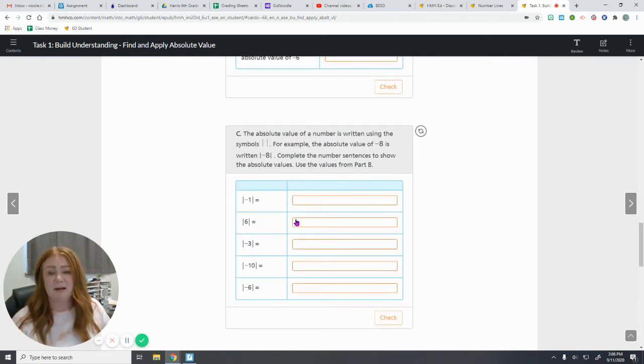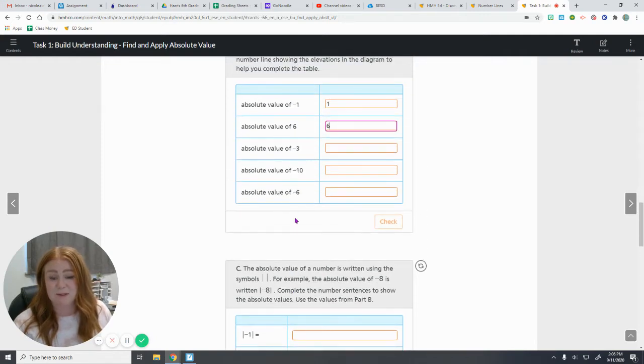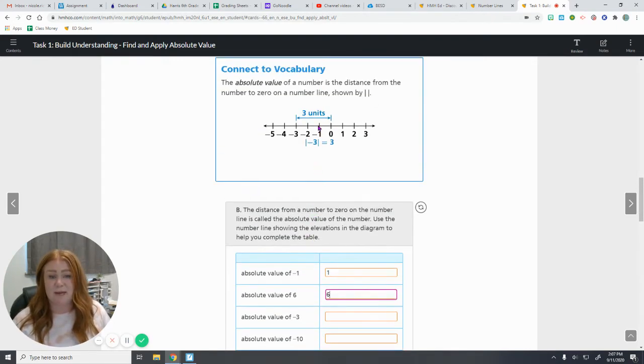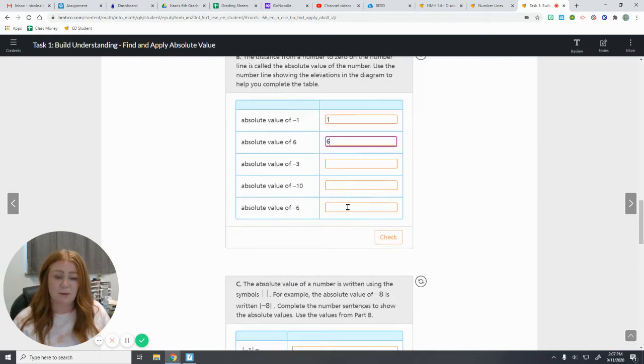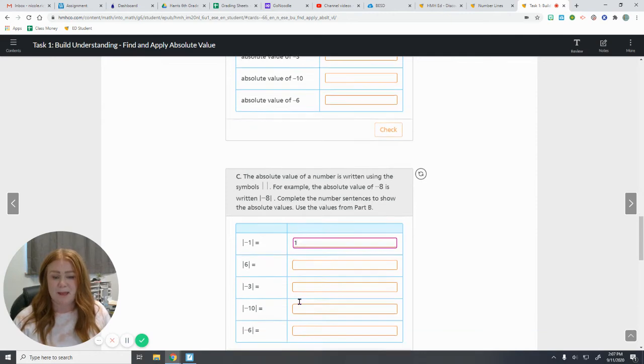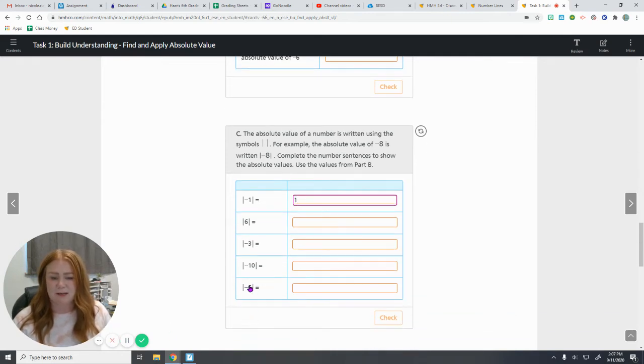Okay, this next part, instead of having the words written out, absolute value, it's showing us that absolute value symbol. We are still doing the same thing, absolute value of -1. So to go from -1 to 0 takes 1 unit. Type that in there. And I'll pick a different one to do. I'm going to go down to this bottom one.